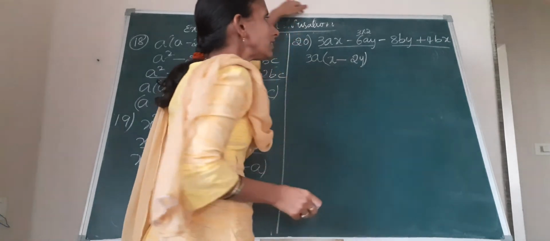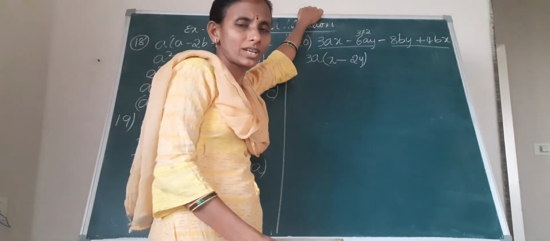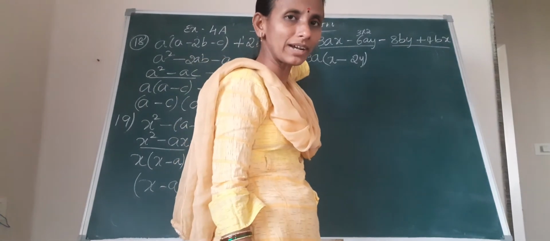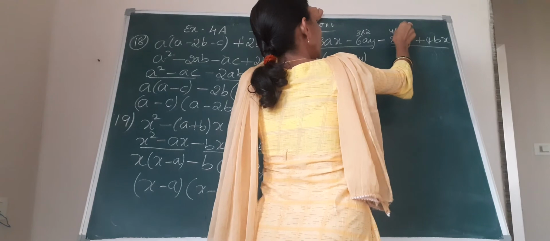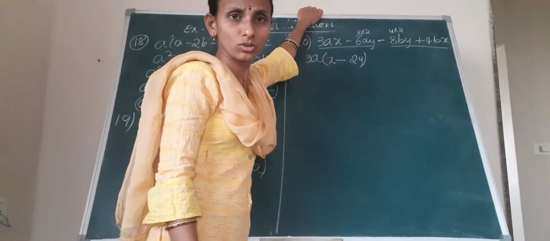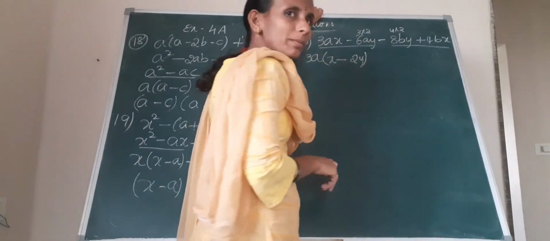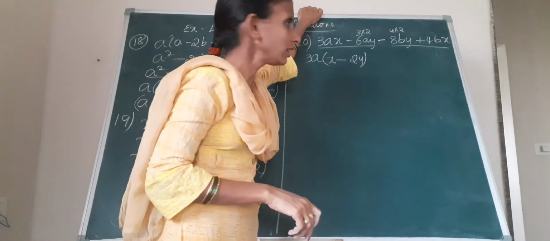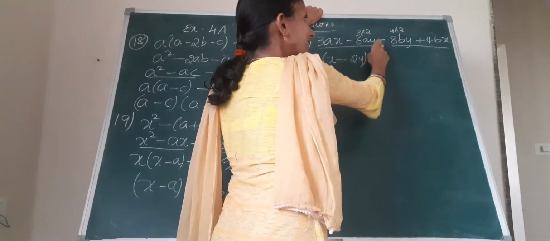Next, here the numericals, if you see, 4 and 8. So the common factor in both is 4. So this 8 we can write as 4 into 2. So what is common? 4. B is common in both the terms. Okay. So 4b. And see, one is minus and this is plus.